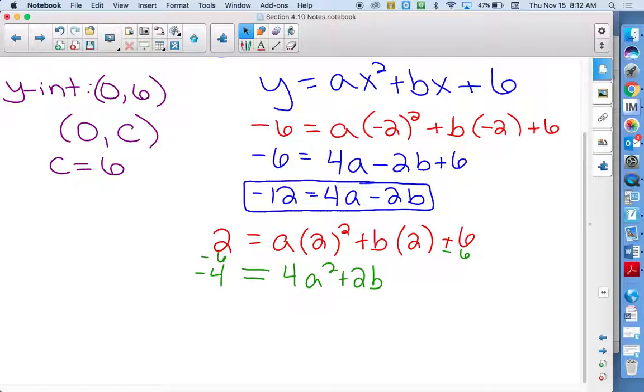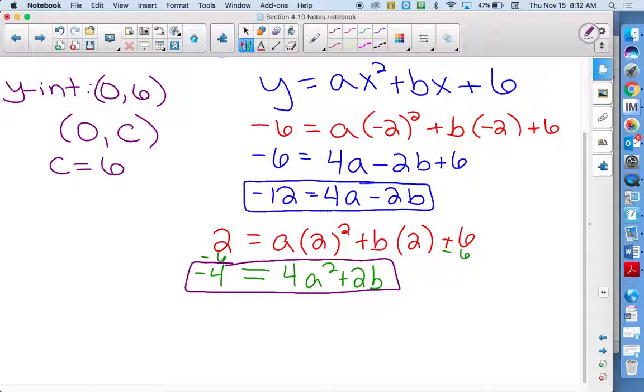Alright, so here is a second equation of negative 4 equals 4a, not squared, plus 2b. So now we have two equations, both having a and b.